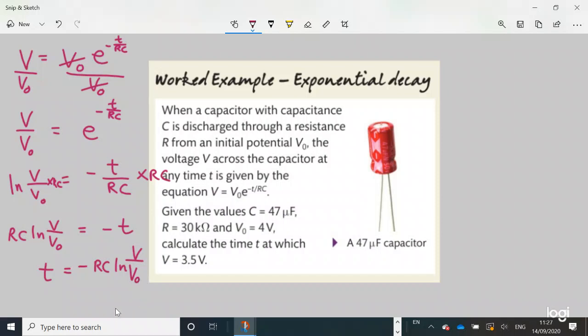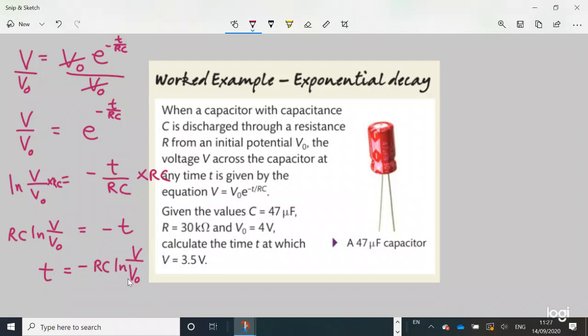Okay, as I said, when you get an answer, I would always double check if it's sensible. The first thing I see is a negative value. Can time be negative? No. But this is just telling you this whole formula is going to be negative.